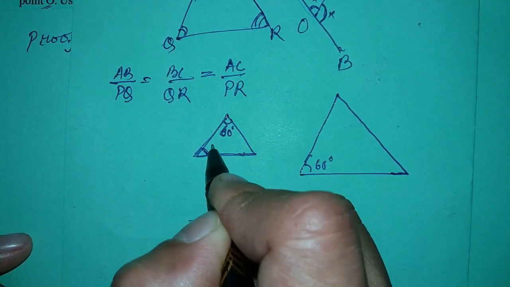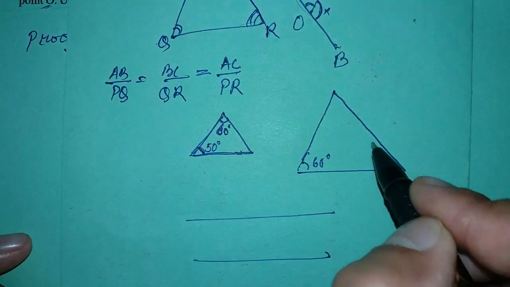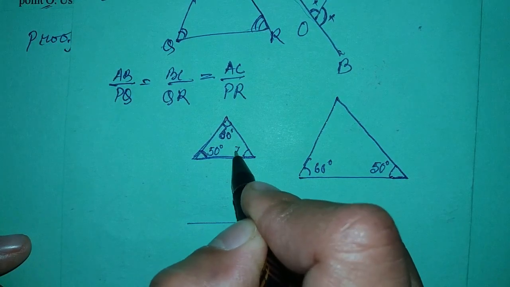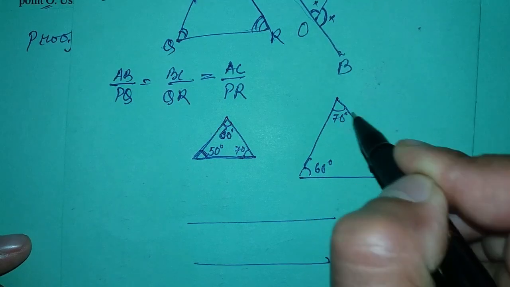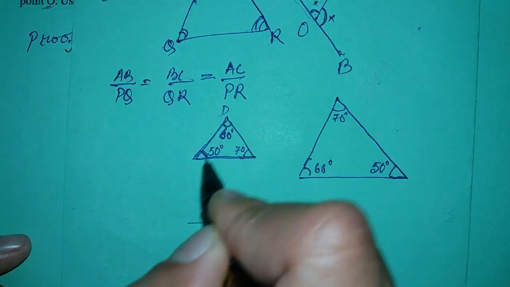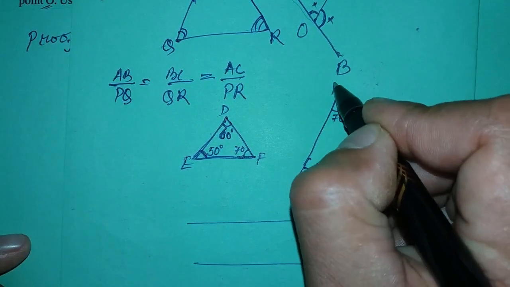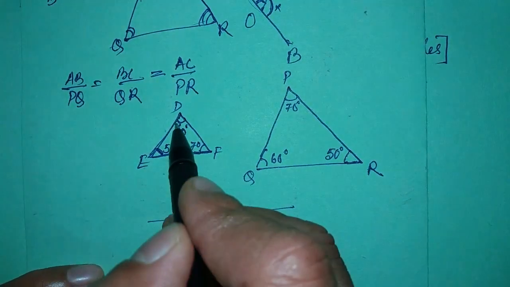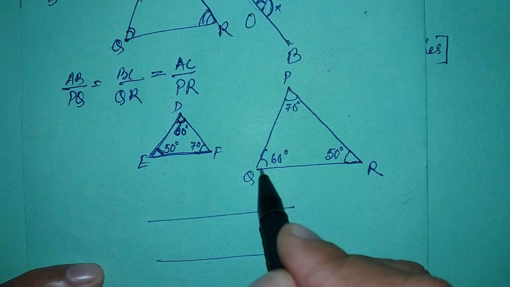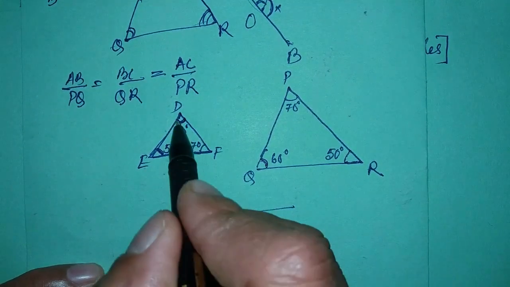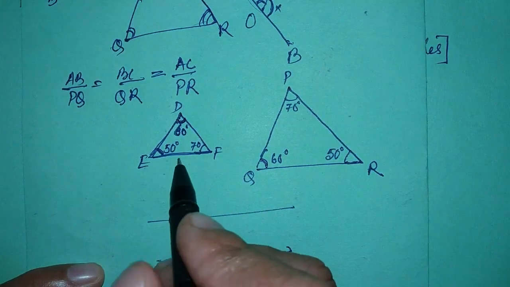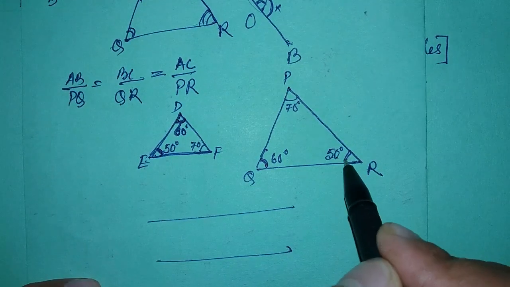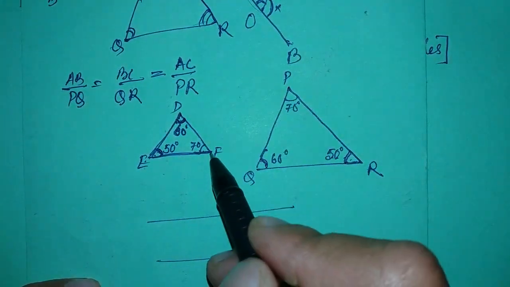Let's say these are DEF and PQR. Here angle D is 60 and angle Q is 60 degrees, so these are corresponding parts. Angle E is 50 degrees and angle R is 50 degrees, so these are corresponding parts.